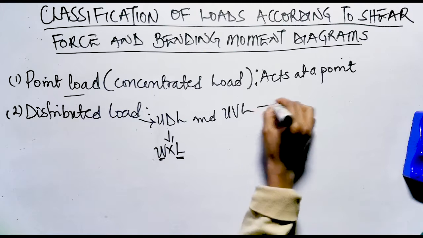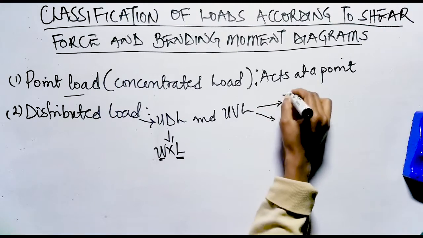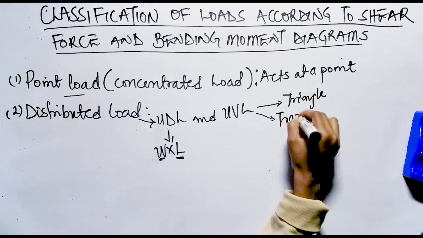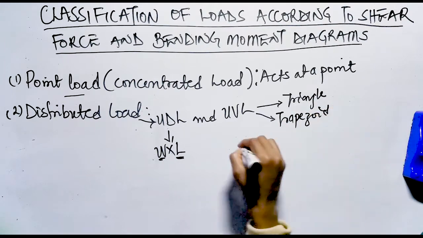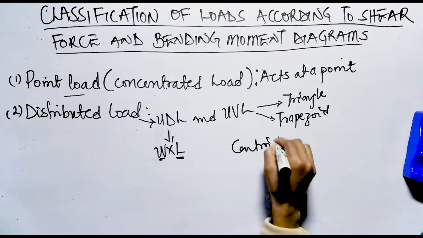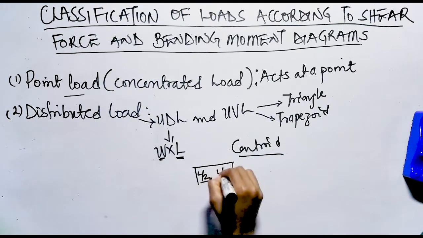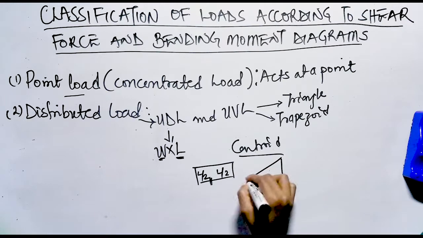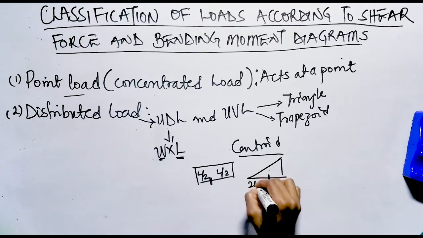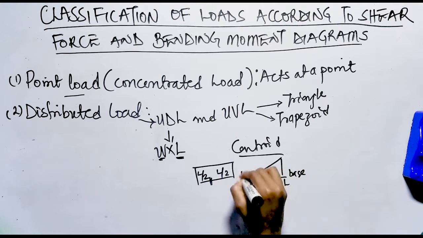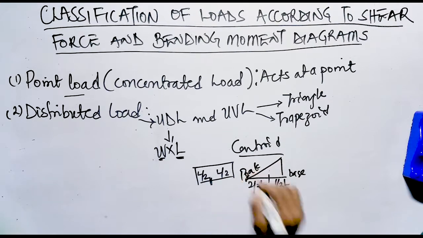Also, we talked about varying load, which consists of two loads, triangular load and trapezoidal load. We also talked about centroids. For a rectangular loading, the centroid is usually at the middle of the loading, which is half of the span, while for a triangular loading, it's usually 2/3 of the length from its peak and 1/3 of the length from its base.